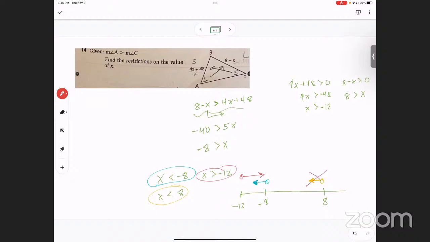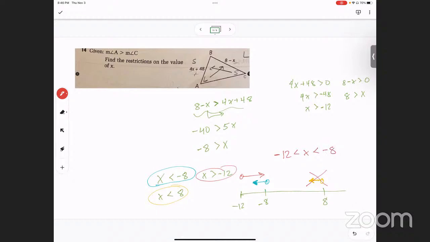So in this one you don't use this, because if all of these have to be true, then you don't use this one because that would mean that this isn't necessarily true. So your answer is right here. Is that what the answer said? Yeah. Is this the answer?